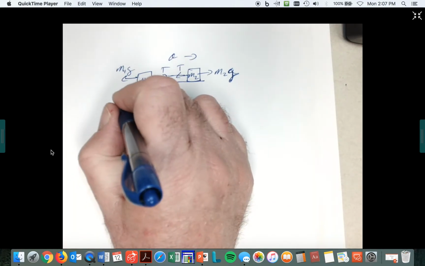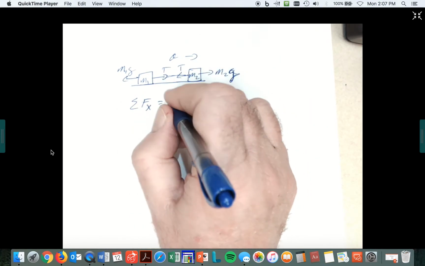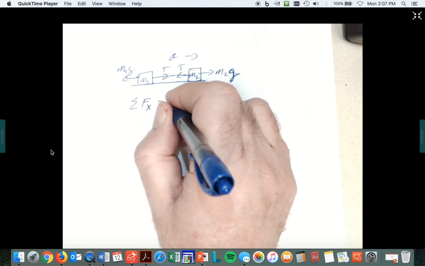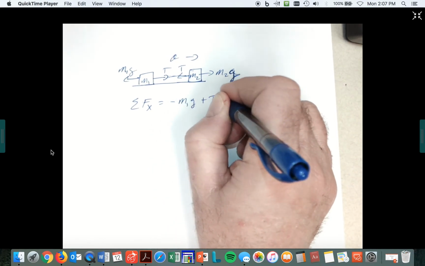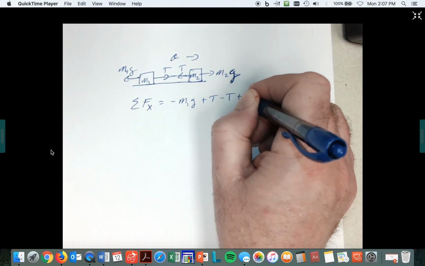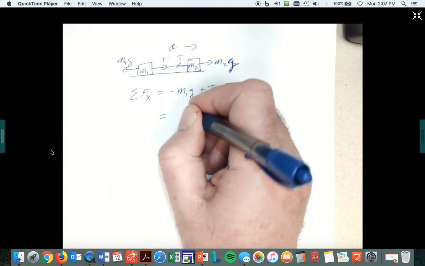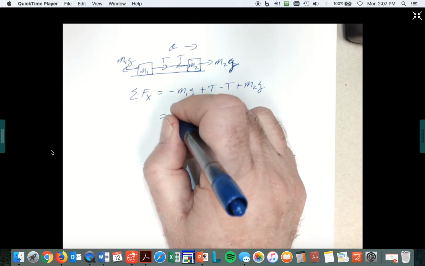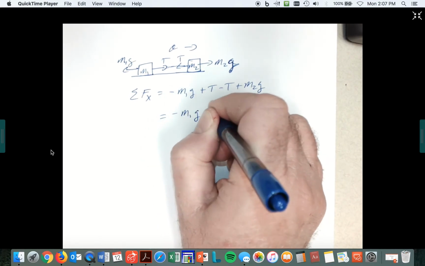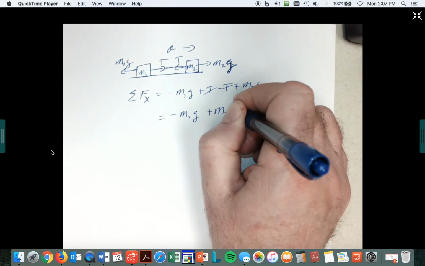So the sum of the forces in the x direction this time is equal to minus M1g plus T minus T plus M2g. Well, look what goes away. This is equal to minus M1g plus M2g.